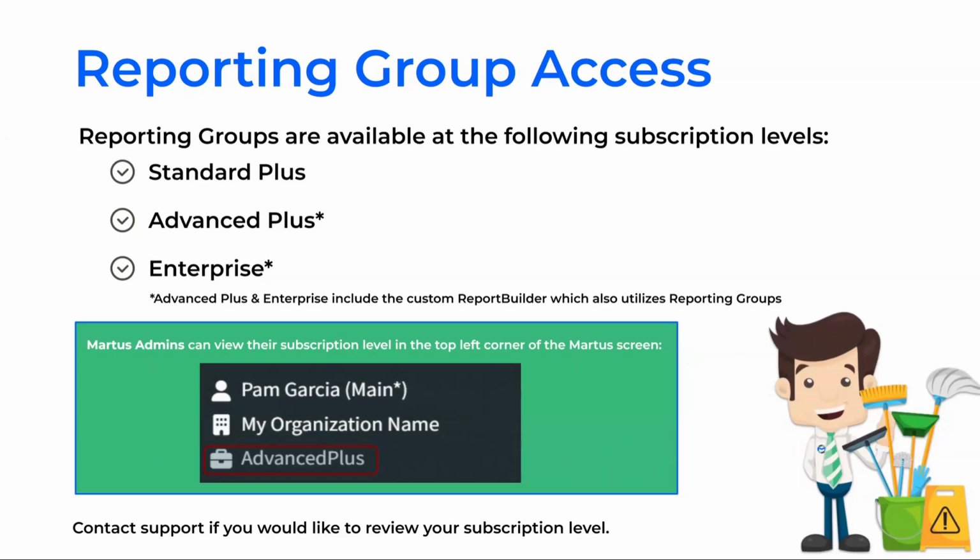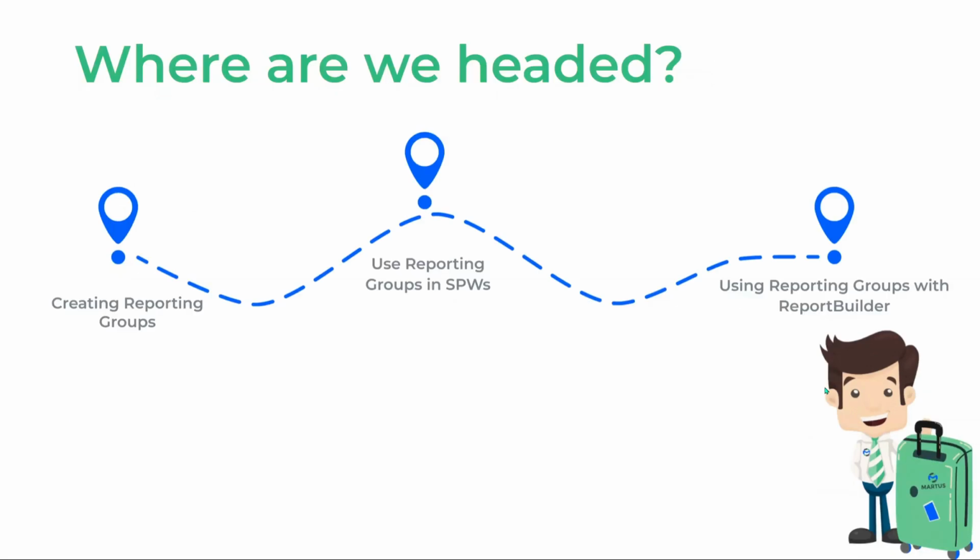Towards the end, we'll talk about reporting groups in our report builder tool. And the report builder is only available to the Advanced Plus and Enterprise levels. So that doesn't mean just hop off if you don't fit into one of those. Definitely watch and see if this is a functionality that could help you and your team out. If so, definitely let us know at support, and we'd be happy to discuss those with you.